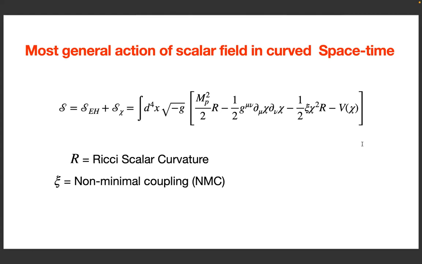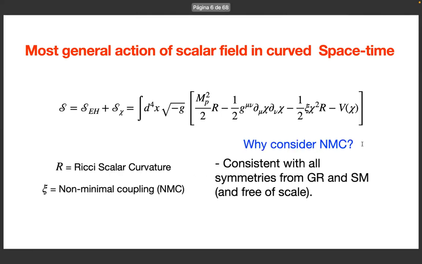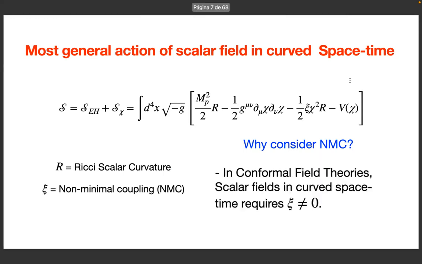So a little bit of motivation for why to study this kind of scenario. Well, in principle, in curved space-time, in general relativity and the standard model, there is no symmetry that prevents us from writing down this kind of coupling. As you can see, this coupling is dimensionless, and this operator has dimension 4, so there is nothing to prevent us from writing this down. It respects all the symmetries, and there is no problem with that.